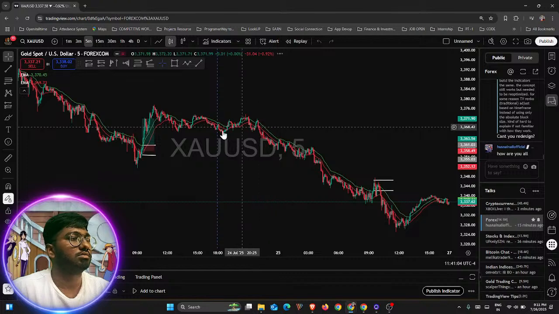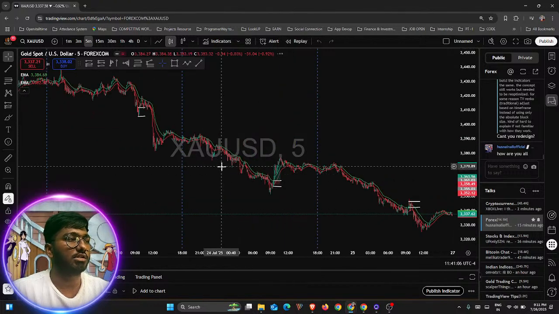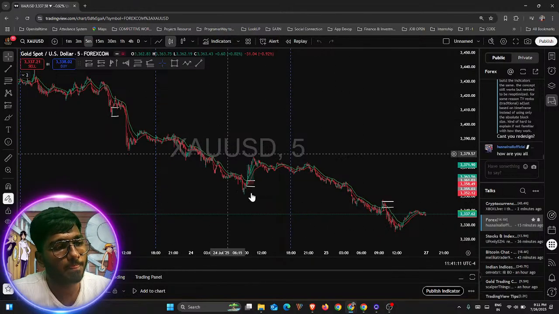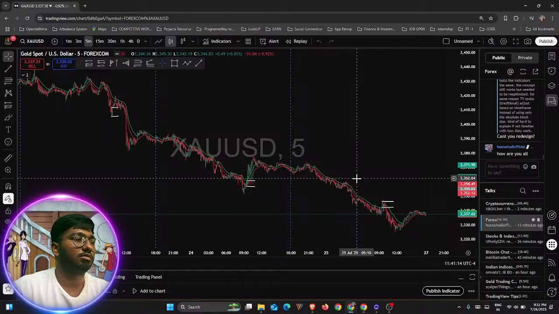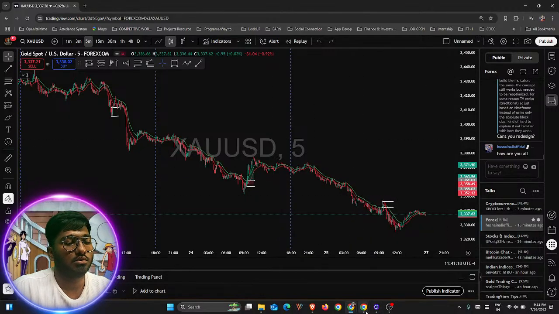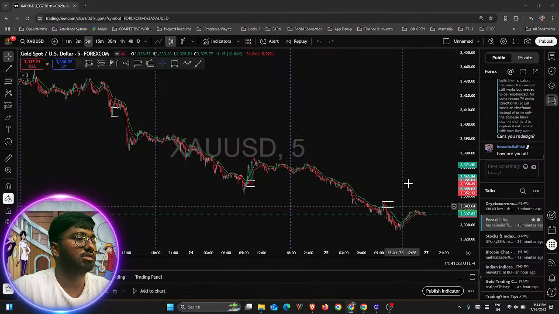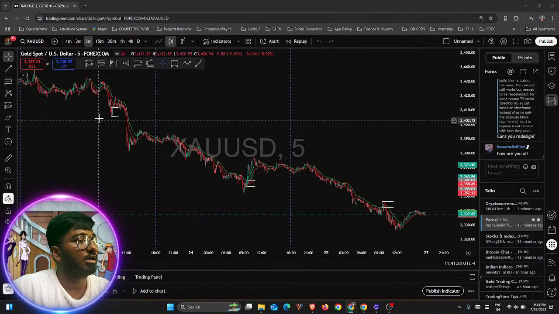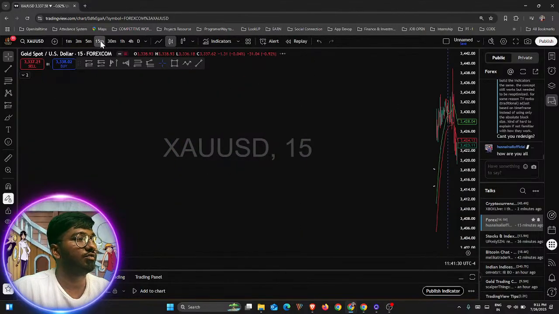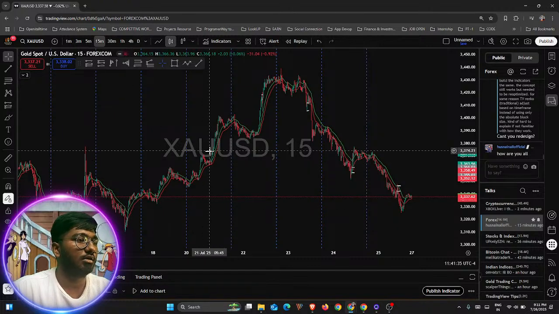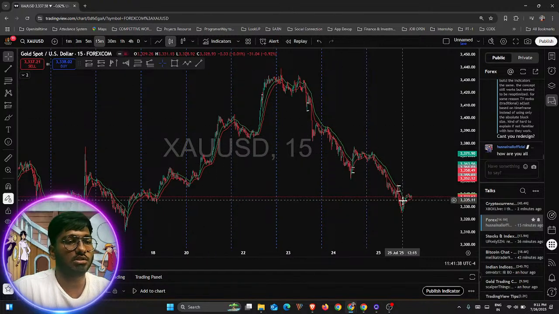So any kind of indicators that you can use. This is one trend continuation which I confirm. This is how I confirm the trend continuation. If you look at around 15 minutes, you can see the uptrend and the downtrend.